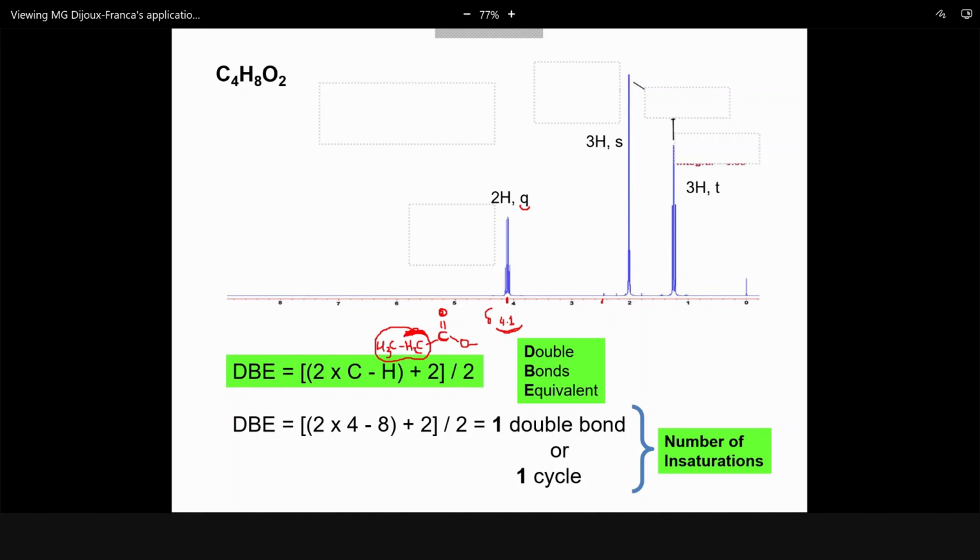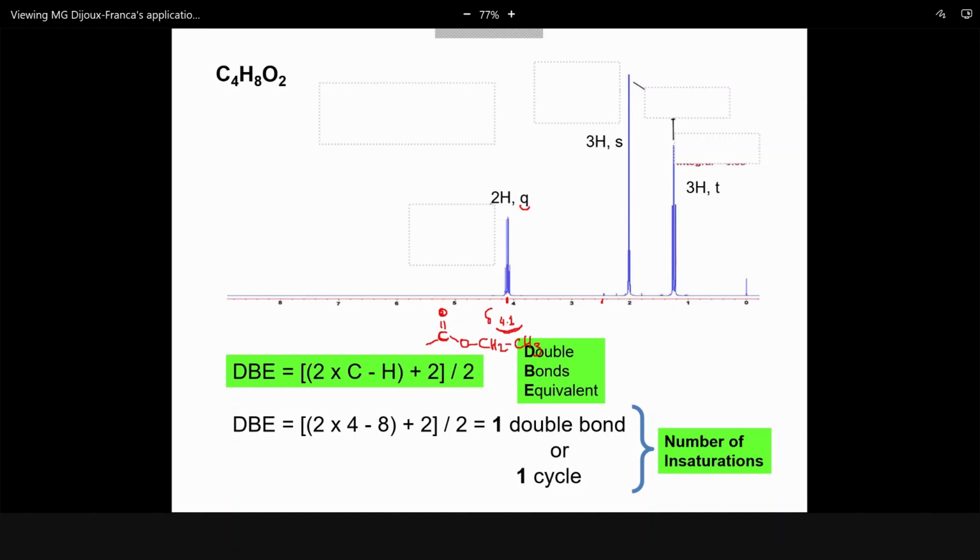As the chemical shift here is 4.1, then the CH2 should be there. Okay? It's because of the chemical shift. But you are right. This CH2 should be close to CH3.